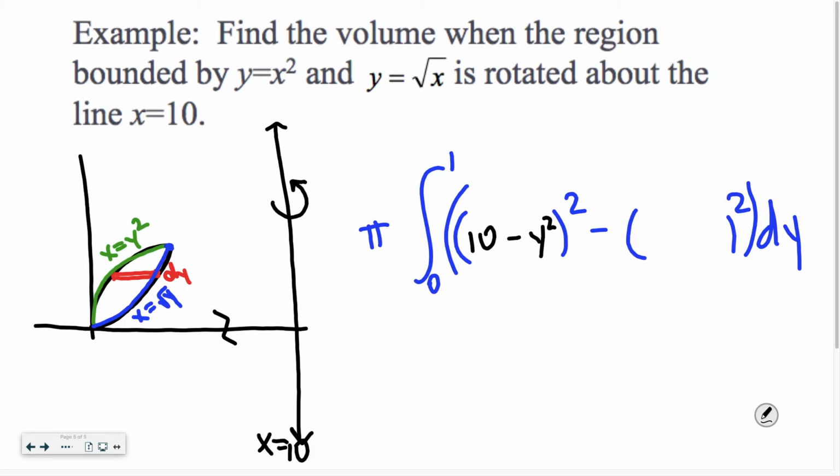And then this blue equation is closest to our axis of rotation. So for that distance, we would still take right minus left, but we're going towards this blue function. So we'll say 10 minus square root of y for our inner radius.